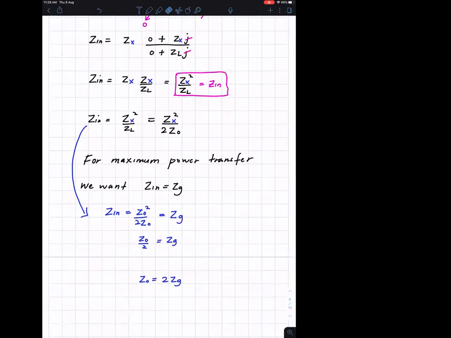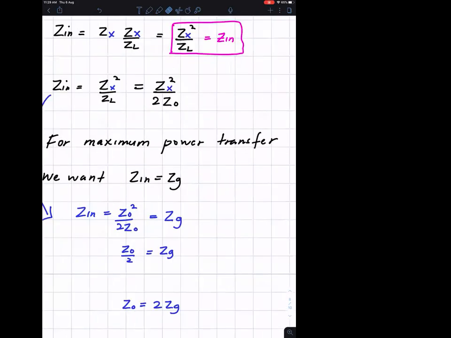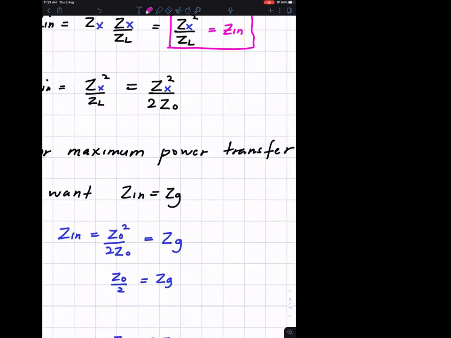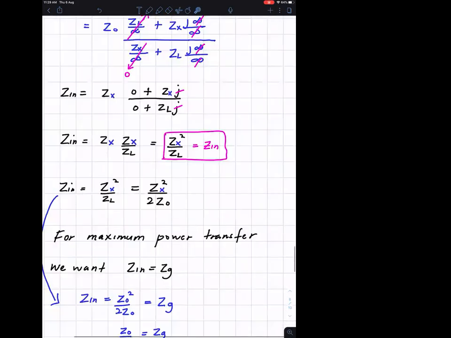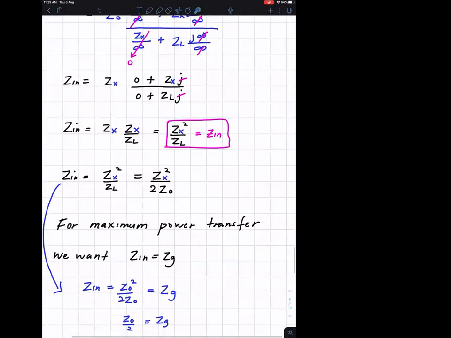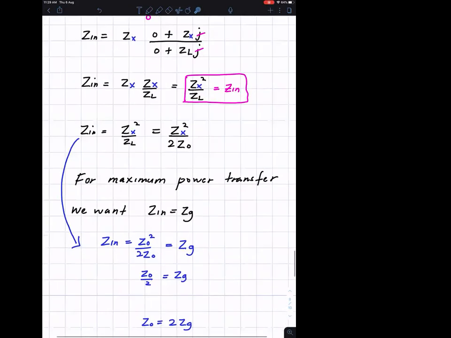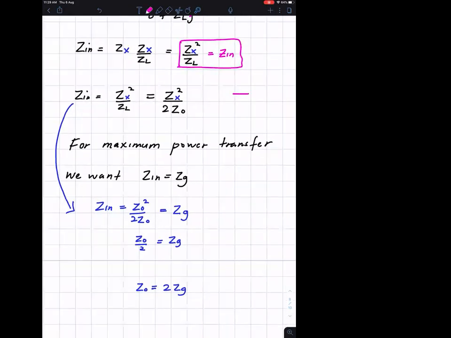So we already got this. The next thing we want to do is find out, for this circuit, what should Zin be for maximum power transfer?